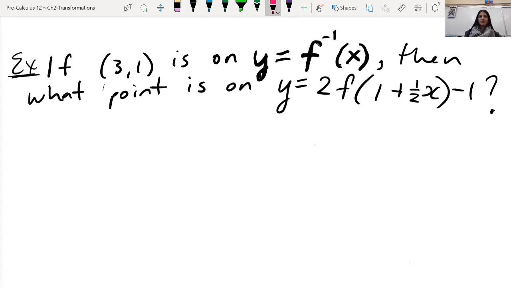First of all, we have some stuff that we have to clean up here. So let's maybe start with that. We have y equals 2, that part's fine, f, and then when we look at this, we can see again that we kind of need to swap these or rearrange them. And when we rearrange them, we're going to have to factor out a half. And so I wanted to move the x to the front.